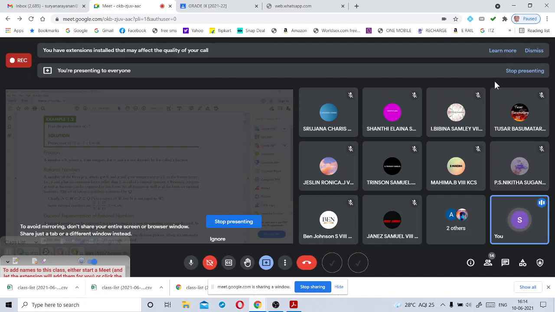What is the lowest terms, the simplest form of this fraction? Just wait, my dear Bibina. Ben Johnson, can you tell me, what is the simplest form of the fraction 6 by 8?